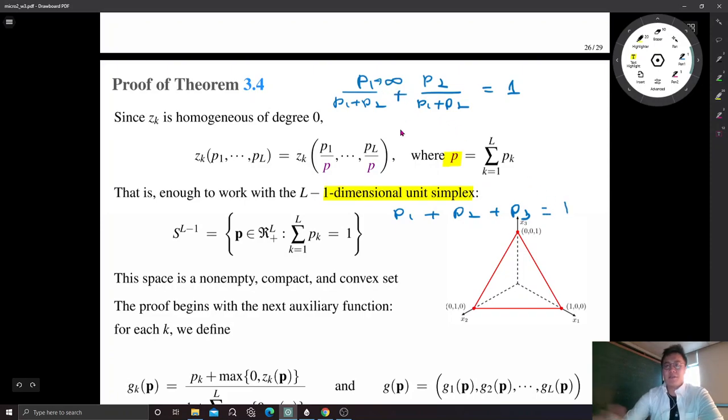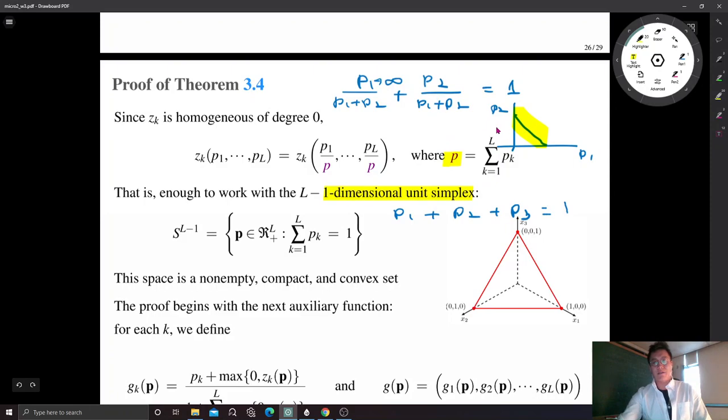In case of two goods, two variables, the sum of the two variables equals 1. That is this line segment, p1, p2. So that corresponds to this line segment in case of two goods. In case of three goods, that is going to be this plane, one side of this tetrahedron.